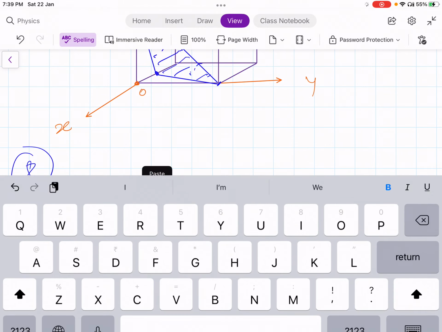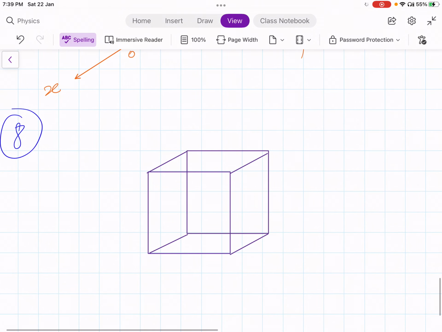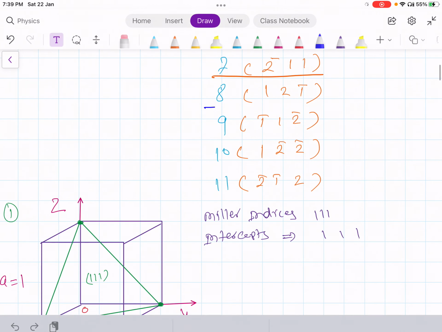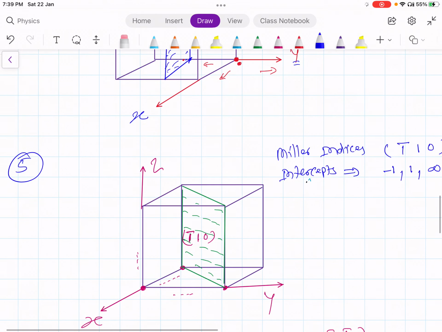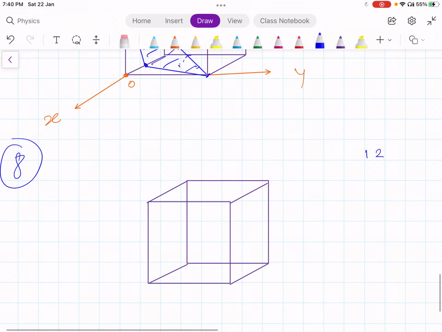Then eighth number, unit cell. And it is 1, 2, bar 1. Miller indices. And so intercepts 1, half, -1.